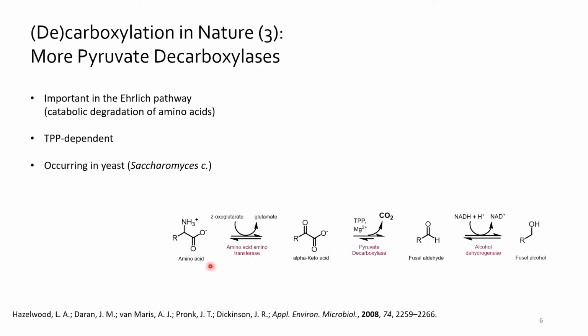You can see an amino acid is converted via an amino acid aminotransferase towards an alpha-keto acid. And this alpha-keto acid is then decarboxylated by a pyruvate decarboxylase, which is again TPP dependent, towards the fusel aldehyde, which is then either reduced to the fusel alcohol or oxidized to the fusel carboxylic acid.